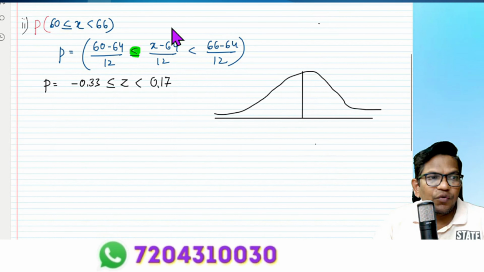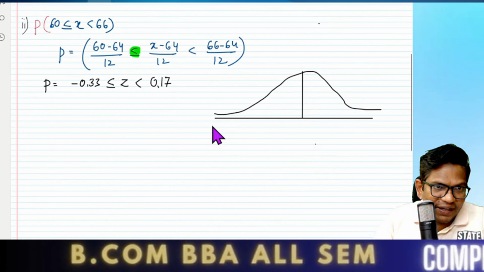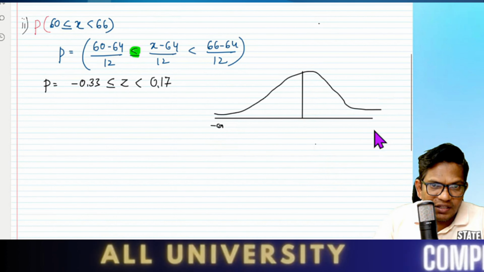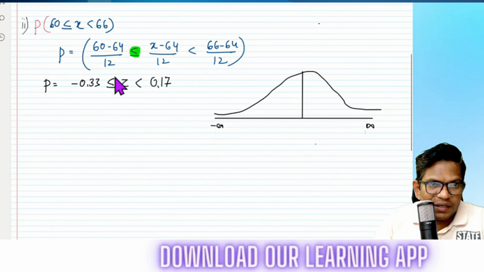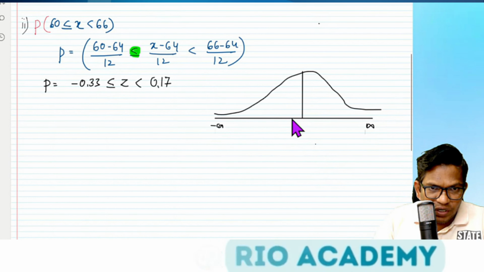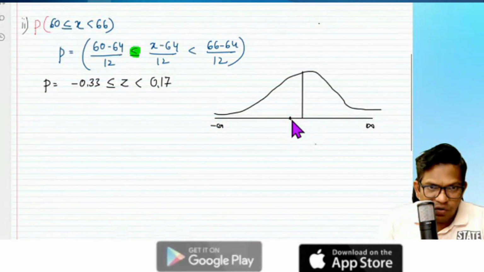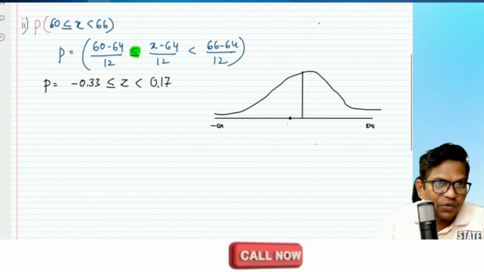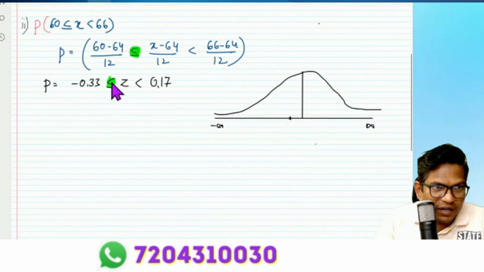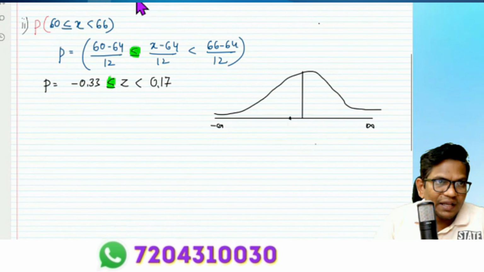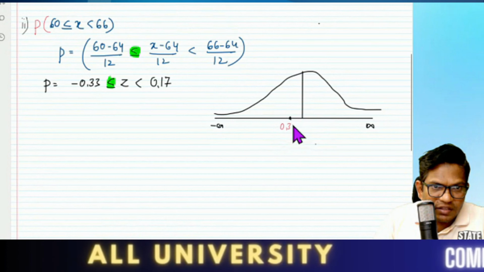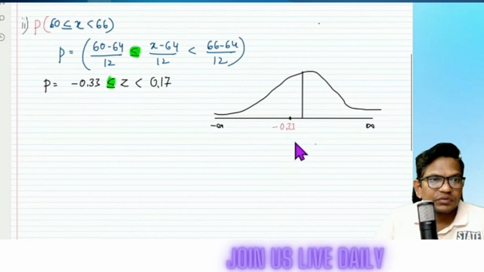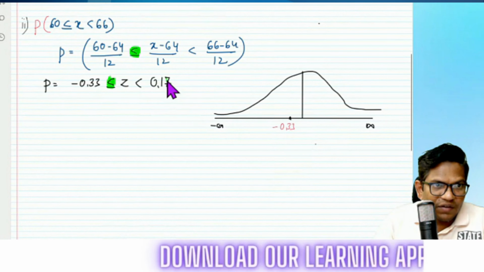This is the negative infinity and this is the positive infinity. This side is minus. Stop here, because less than or equal to means 0.33 minus. And here we have 0.17.